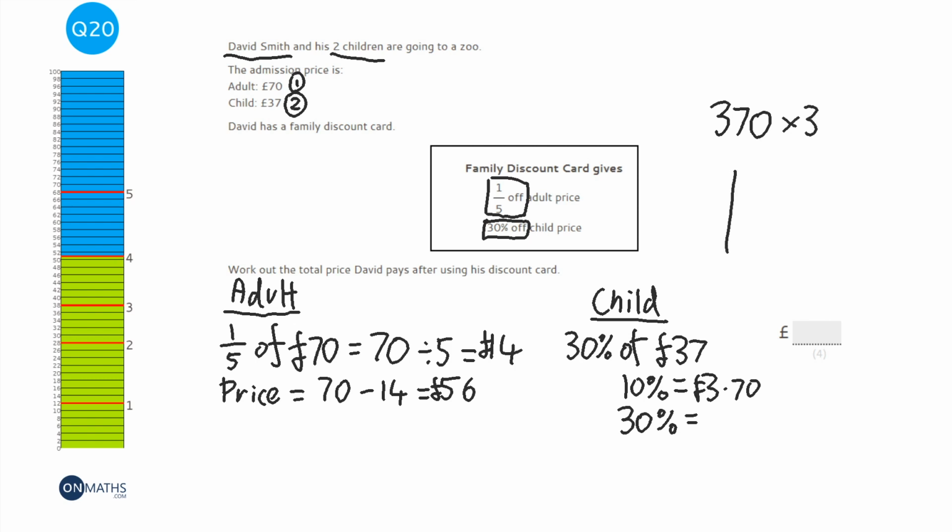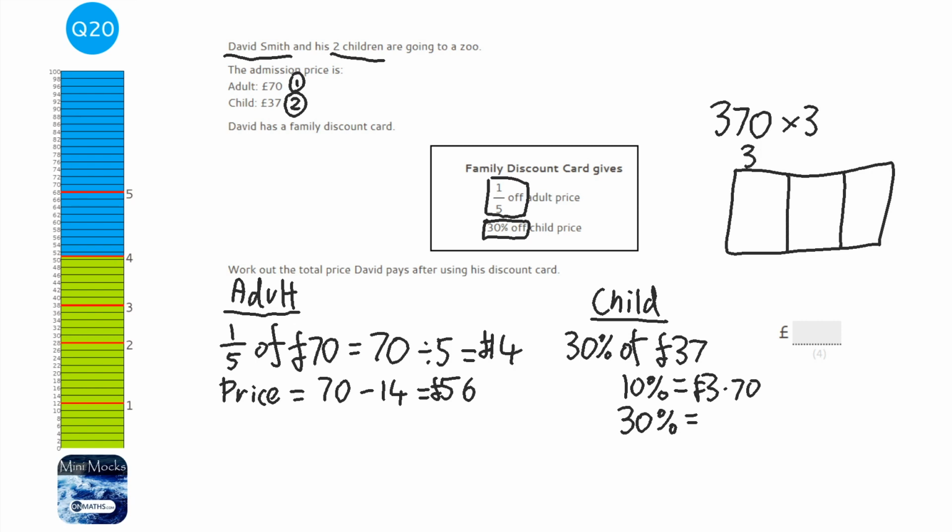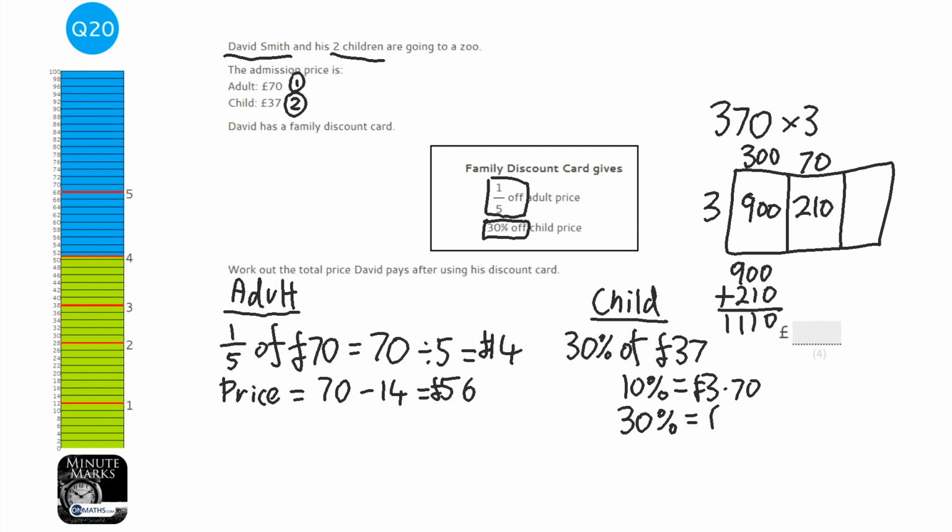So I can do a little grid. And if this is on the calculator, then obviously you just type it into the calculator. And obviously that's going to be 0, so we don't need that one. So it's 900. That's 21 with a 0. So 900 plus 21, 210 even, 0, 1, and then 11. So that's going to be £11.10.